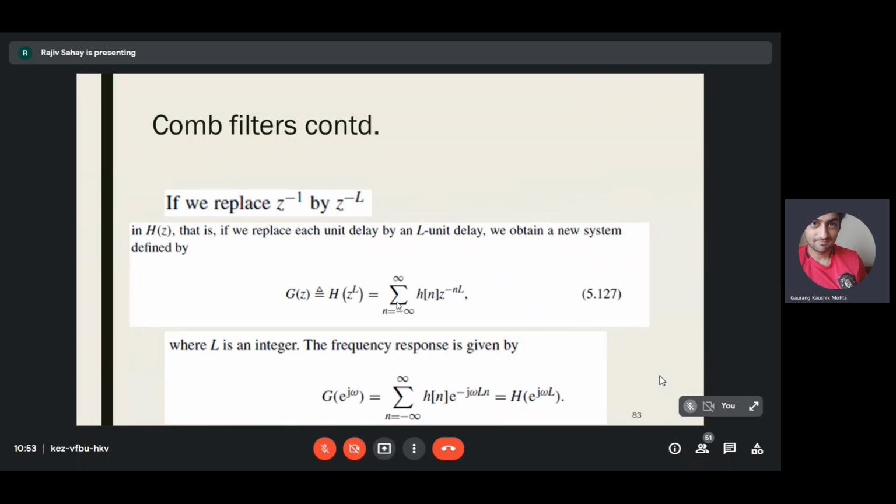To create L number of pass bands and stop bands, we replace each unit delay, z inverse, by an L unit delay, z to the power minus L. And we obtain a new system which is H of z to the power L.